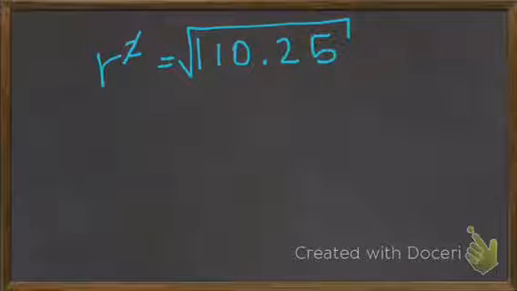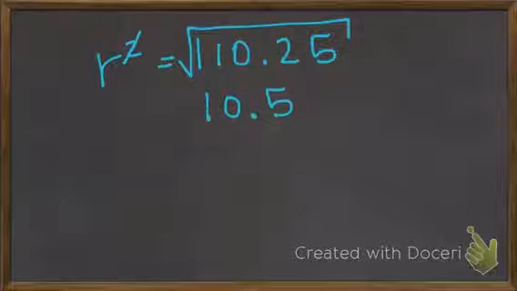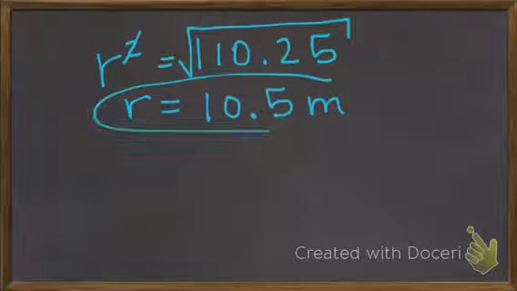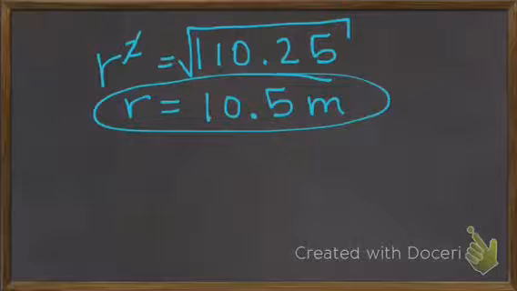I certainly don't have this memorized, I would have to use my calculator. The square root of 110.25 is equal to 10.5. Since it's distance, we only use the positive, so it's 10.5 meters. So there is some solving of equations, but you basically need to remember the opposite of times is divide, and then to get rid of a square, you take the square root. Good luck.